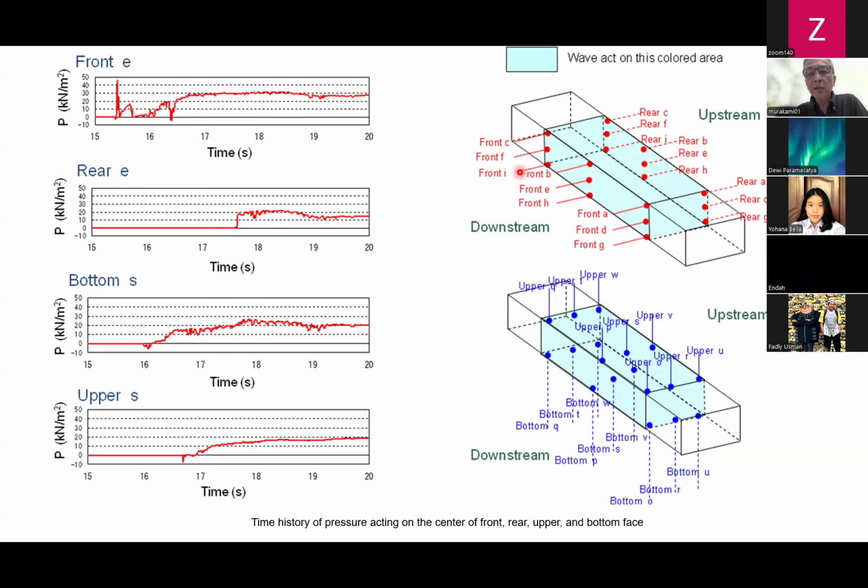So we can get tsunami pressure at many points on the front side, rear side, upper side, and bottom face. And using this output, the time history of tsunami pressure, next we did a simulation based on the ERC fiber.